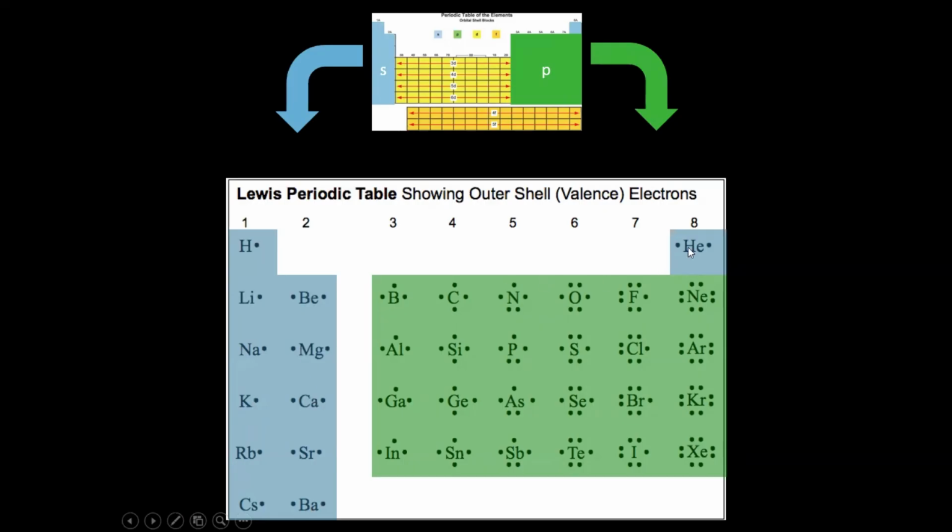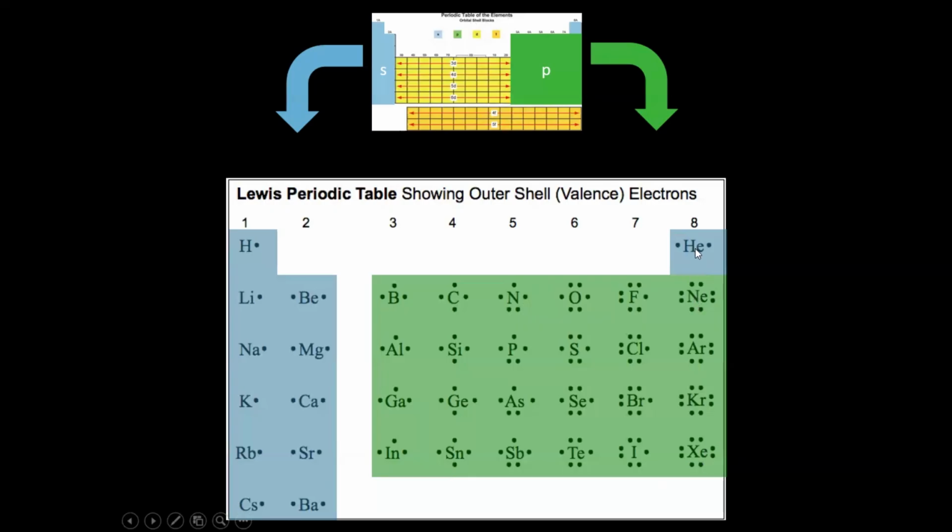And if it has more, then it's in one of the p orbitals. So these all have 3, these all have 4, these all have 5, these all have 6, these all have 7, and these all have 8. So all of the noble gases have their full valence.